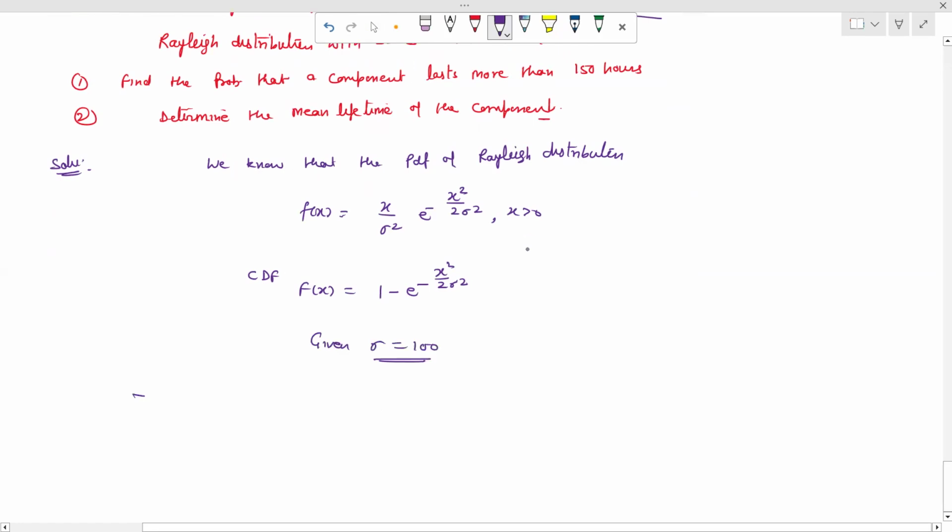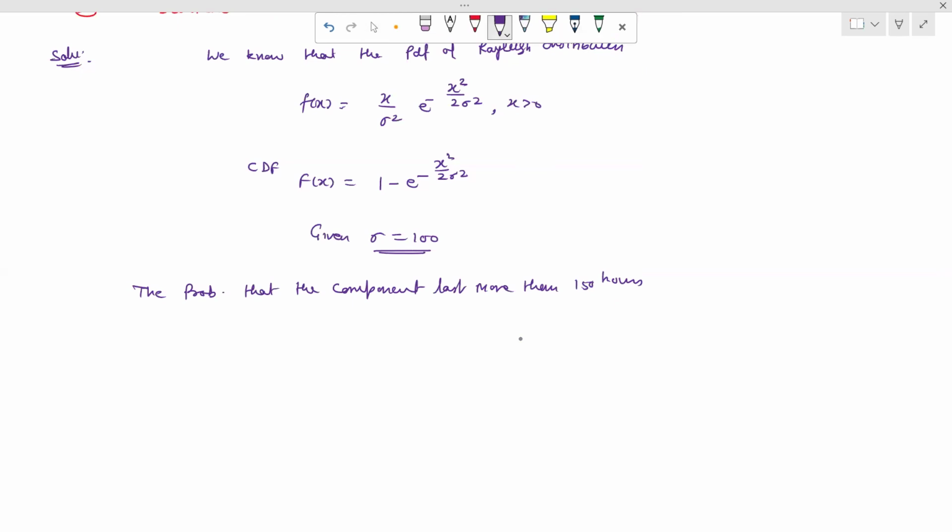The probability that the component lasts more than 150 hours can be written as the probability of random variable x greater than 150.